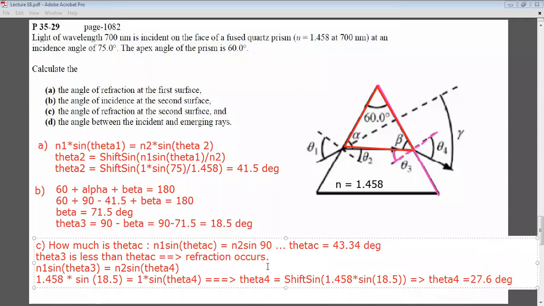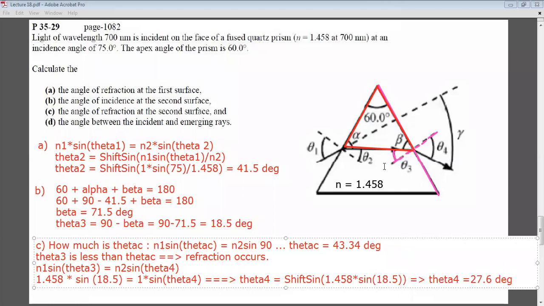Was it necessary to do this step by calculating theta critical? Usually it is necessary if they did not specify that refraction happened. Here they told me that refraction happened, so I could have directly started with N1 sine theta 3 equal N2 sine theta 4. But I'm doing it the long way because sometimes they may not tell you that refraction happens.